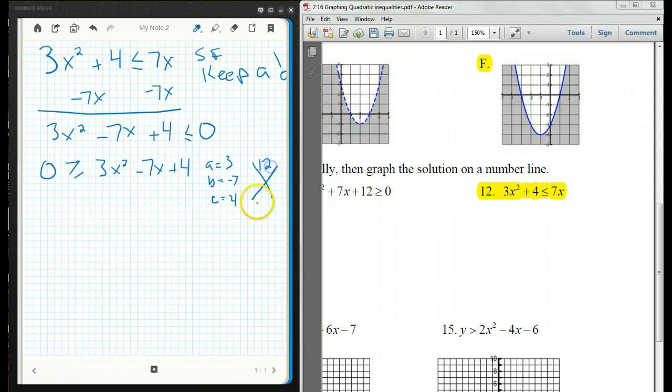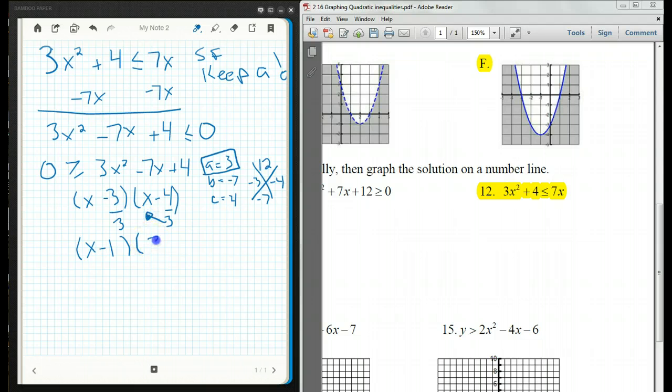We're looking to come up with some solutions here. So I'll go ahead and factor. Factors of 12 that add up to -7 are -3, -4. I'll put those into our bubbles, but I do have to remember in this case, a is something that is not equal to 1. So I'll use our shortcut method and divide each of our coefficients by a, reduce if I can, in this case, x minus 1.